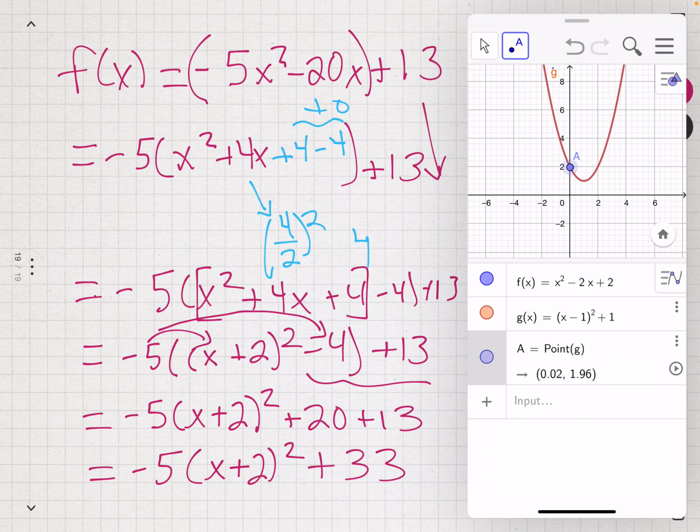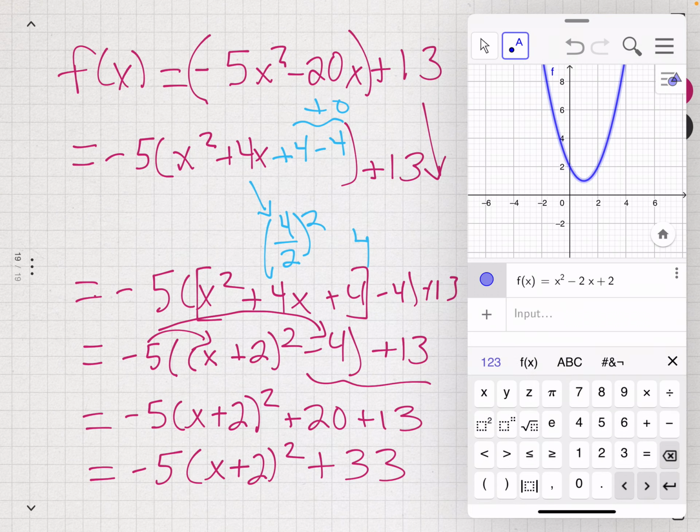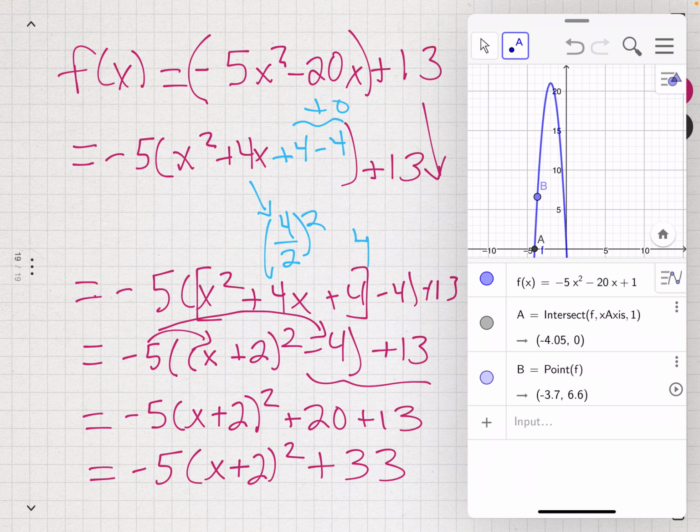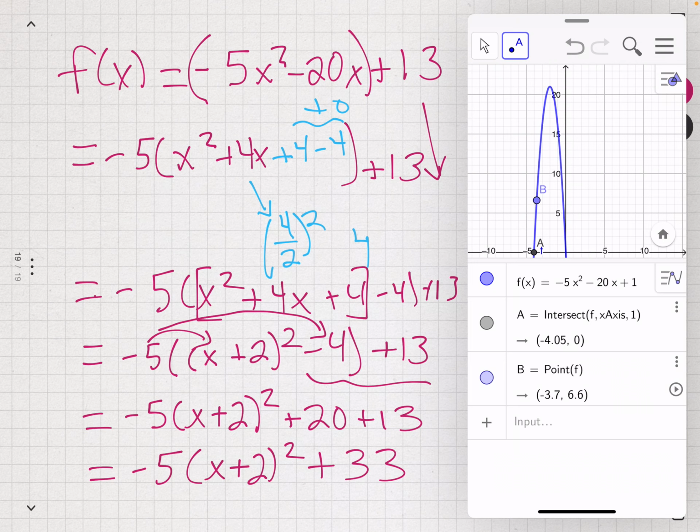And so first, we always want to make sure that we do, in fact, have two equivalent functions. So my original was negative 5x squared minus 20x plus 13. Negative 5x, so we knew that a was negative, so it should open down.